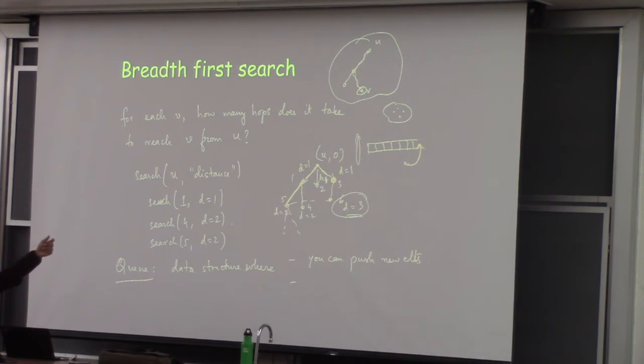When you pop a person, somebody goes out from here. So that's a queue data structure, and you can pop elements. This is one of these standard data structures that probably all of you have seen and used.